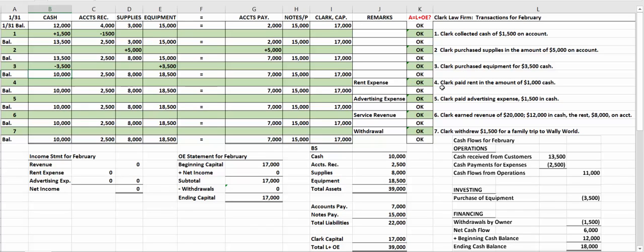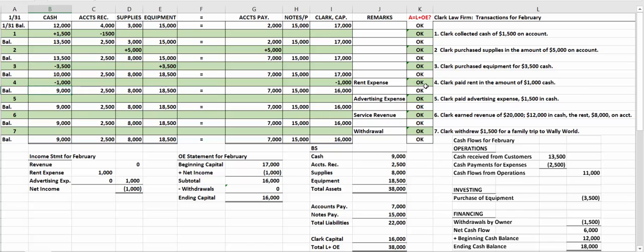Got a couple of expenses here. Transaction 4, he paid the rent in the amount of $1,000 cash. So when you incur an expense, that's a decrease in owner's equity. So rent expense brings you down in owner's equity by $1,000, and that was paid in cash, so a subtraction in cash of $1,000.